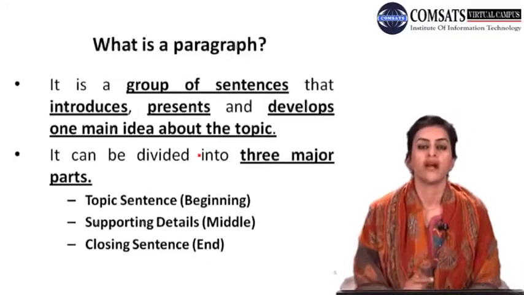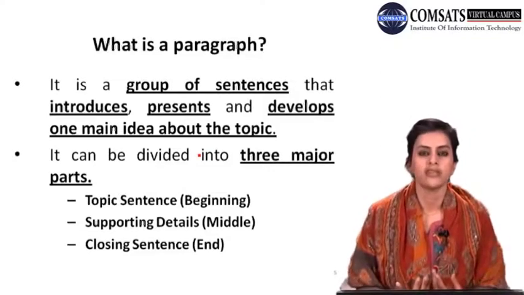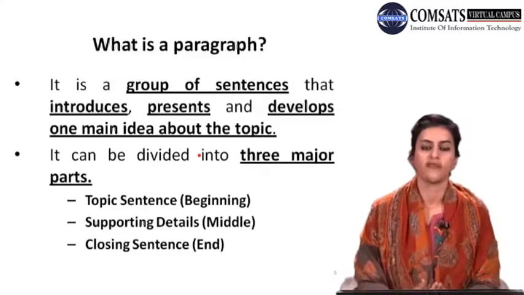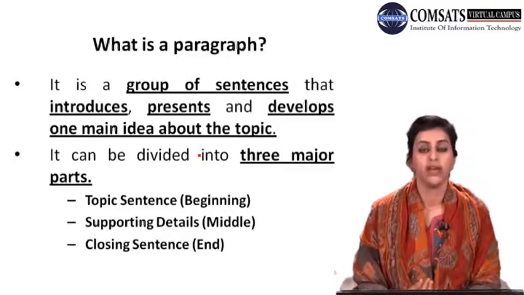So one paragraph introduces and presents one main idea in one whole paragraph, and it develops it and supports it with different details. So this is what the dictionary definition talks about.